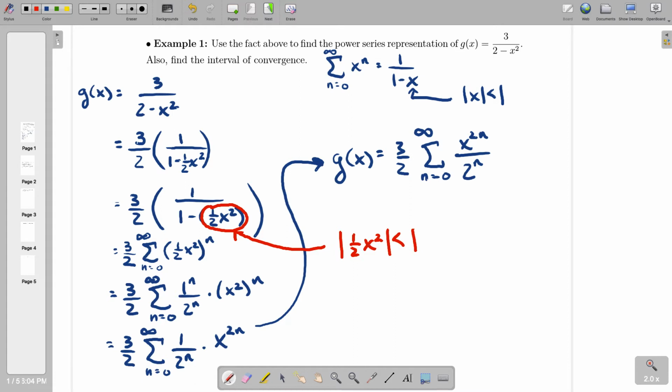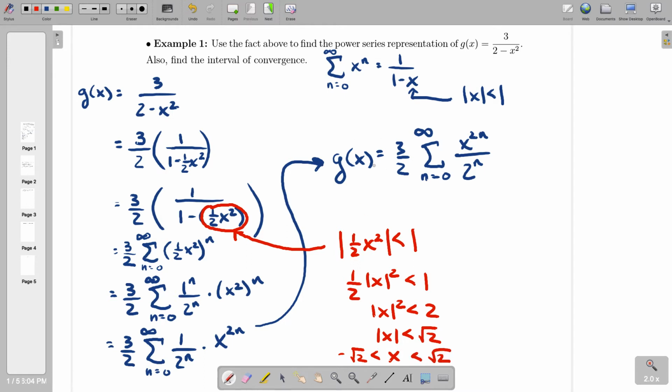But of course, the only part of this that could be negative is the x, so I'm going to go ahead and do this, which means the absolute value of x squared is less than 2, so the absolute value of x is less than the square root of 2, which of course means that x is somewhere between negative root 2 and root 2.